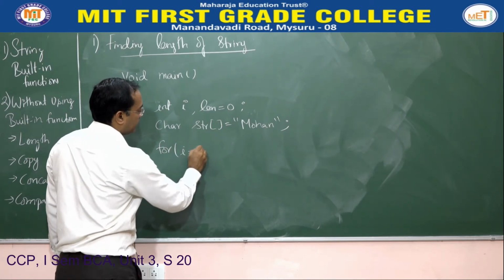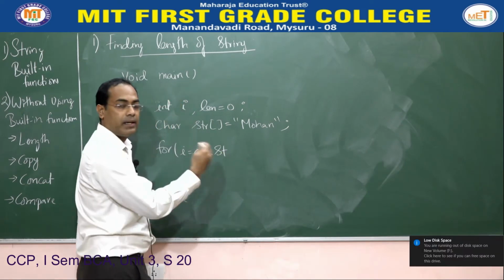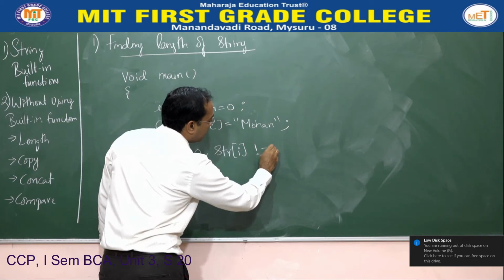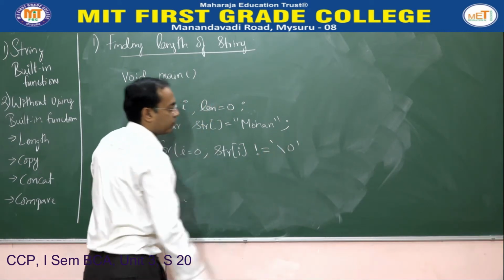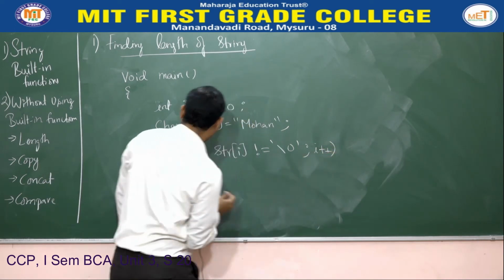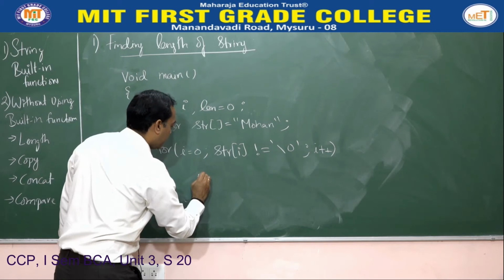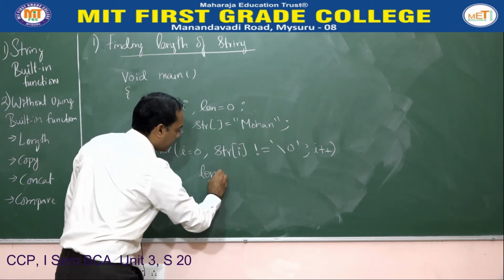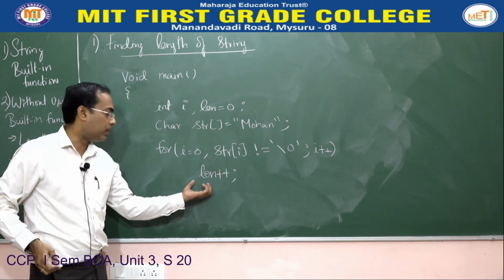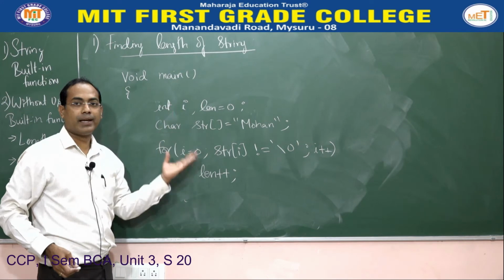For i is equal to 0, you have to start the for loop from 0 and loop until the last character, str of i not equal to end of the string, semicolon, i plus plus. That's it. So until you visit the end of the string, increment it, len plus plus. So len will be having the total number of characters.